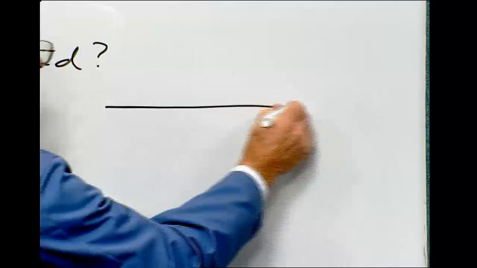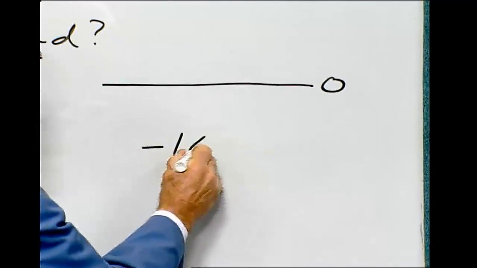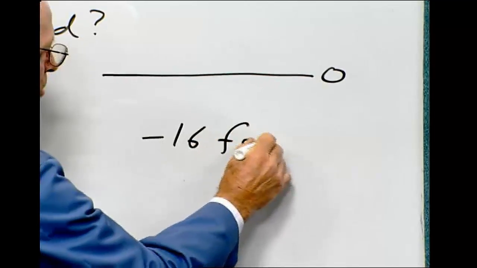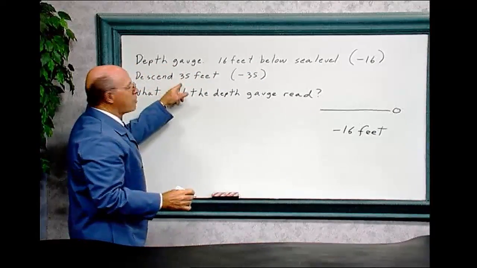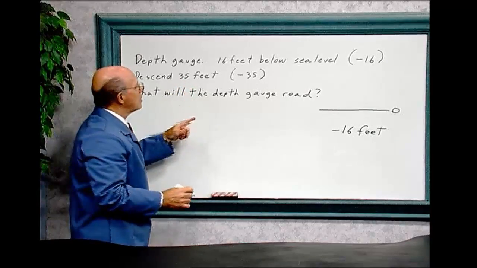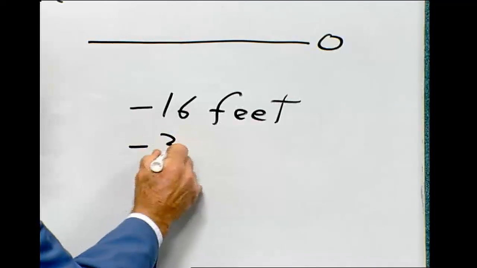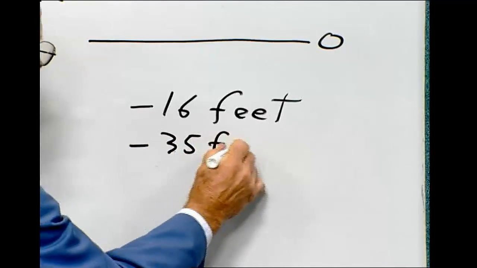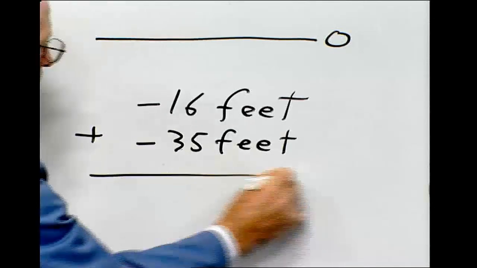The depth gauge says you're 16 feet below sea level. So this is sea level, and that would be 0. And so you're minus 16 feet. And you descend now another 35 feet. So that's minus 35. Now don't forget, we're adding these two negative signed numbers.